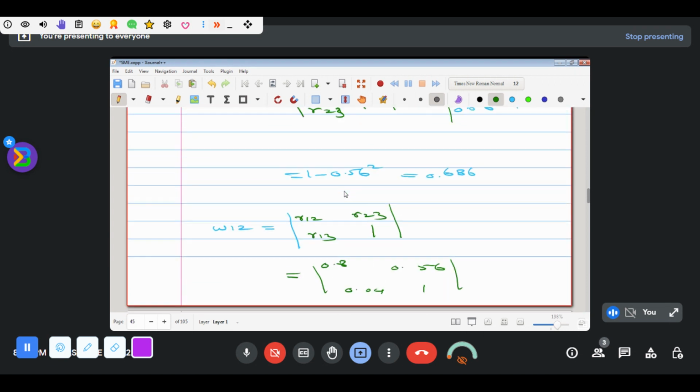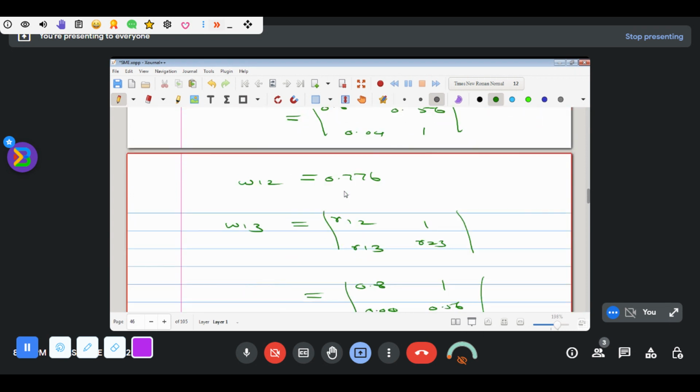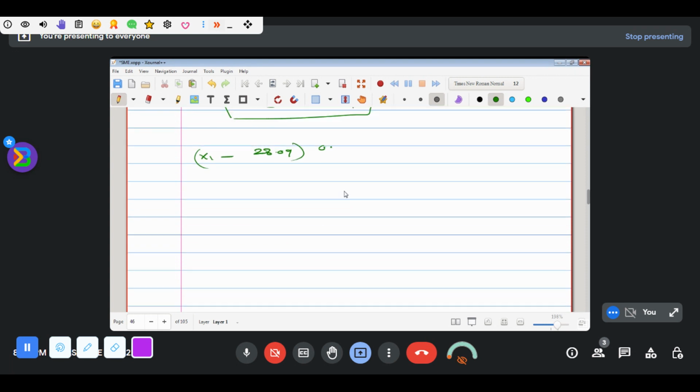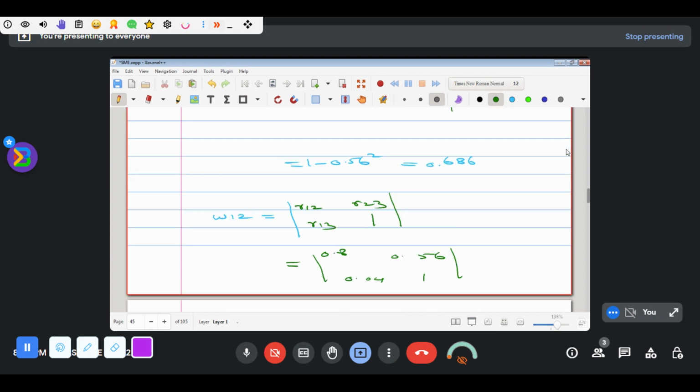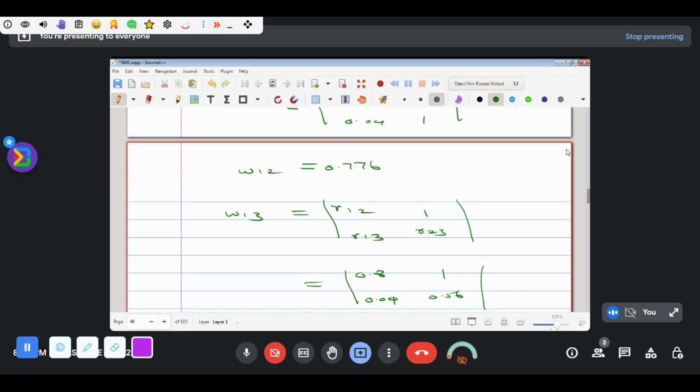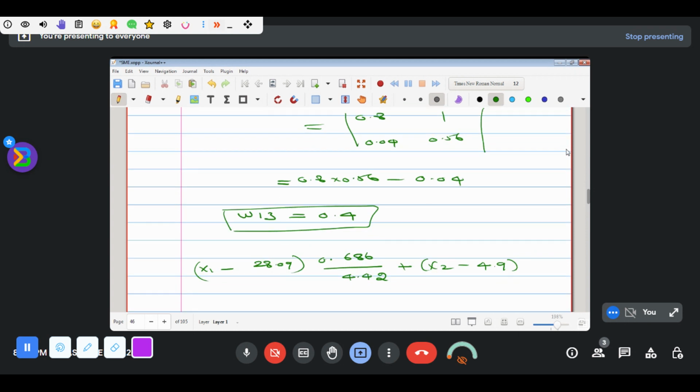Omega 1 1 is 0.686. Yeah, 0.686 divided by sigma 1, the standard deviation, 4.41. Okay, plus x2 minus x2 bar. The x2 bar value is given as 4.9, into omega 1 2. What is the omega 1 2 value? 0.776. Yeah, 0.776.